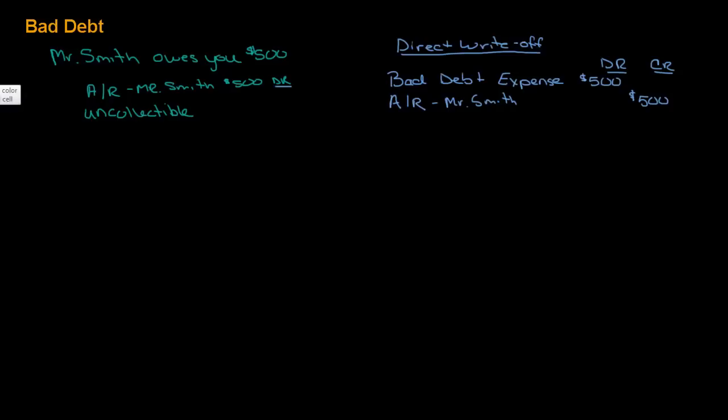Now, there are a couple issues with using the direct write-off method. There are two principles that are very important in accounting. The first principle is called the matching principle. And the matching principle says we have to match revenue with expenses.